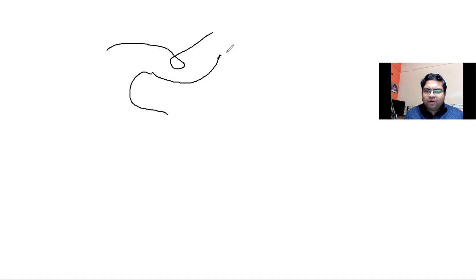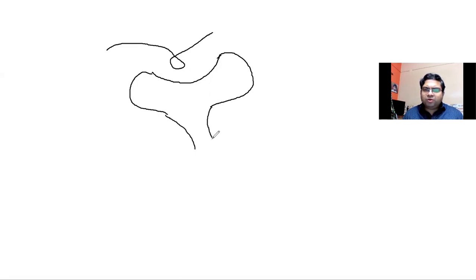Okay. So as far as we know up till now, we have the glomerulus and we have Bowman's capsule. This forms what is known as the renal corpuscle. The remainder part of the nephron will be the proximal convoluted tubule.